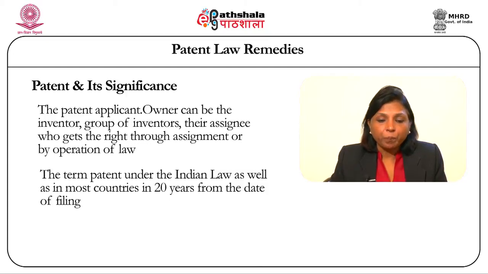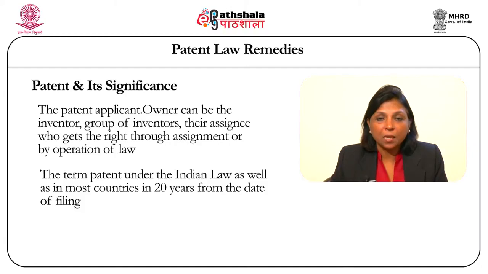And therefore, it is very important to understand that a patent owner can also be, for purposes of seeking remedy, the exclusive licensee. And it's very interesting, when an exclusive licensee sues and he finds that the patent owner is not interested in pursuing the matter, then the exclusive licensee can name the patent owner as the defendant also.